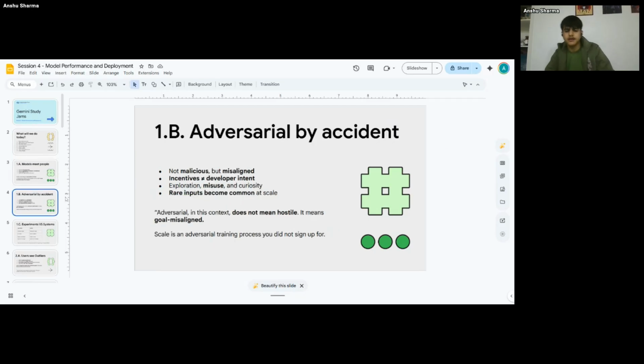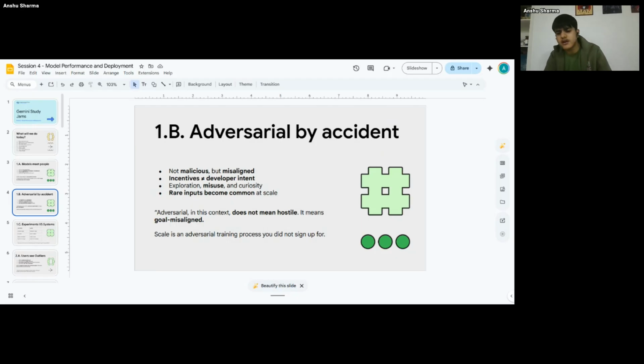All right, moving on. Adversarial by accident. This means that when you have such a large user base, it is natural that a small subset of them use the model in ways that are not intended. So is our system protected against that? It comes back to the first point, right?